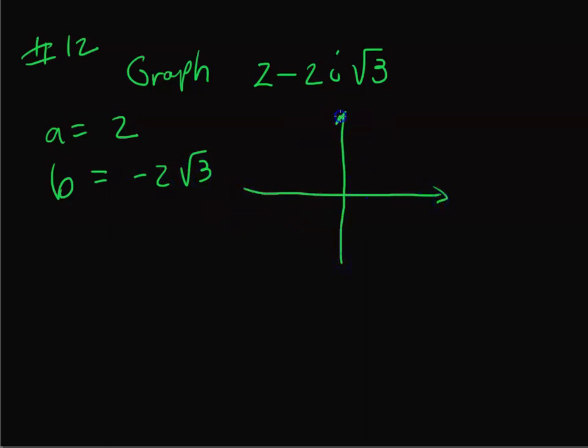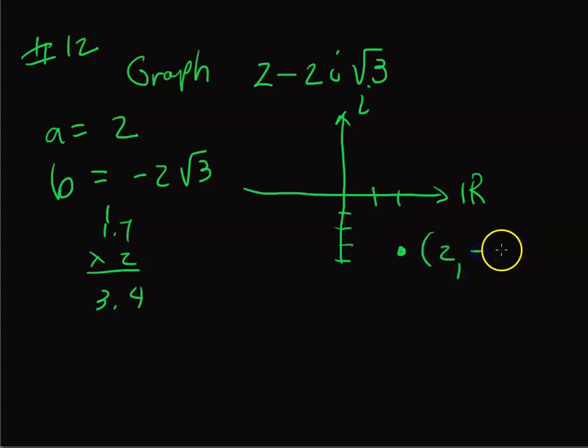In the Argand or complex plane, the real axis, the imaginary axis, it's 2 on the real, and the square root of 3 is like 1.7 times 2, that's 3.4. So it's a negative, though, someplace down here. This is the 2, -2 square root of 3 point. There's the vector. Does this make sense? Hopefully. After number 12, number 28.